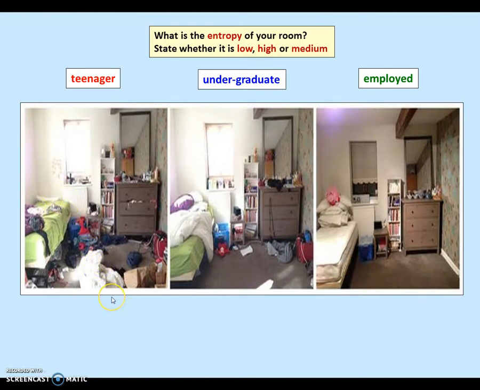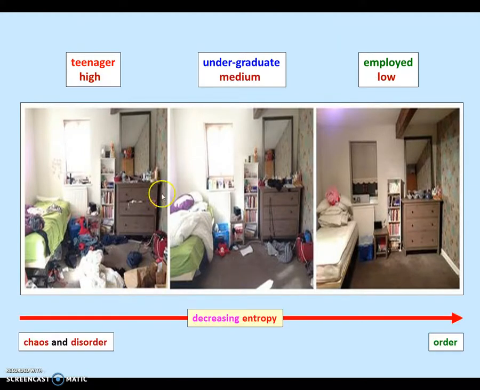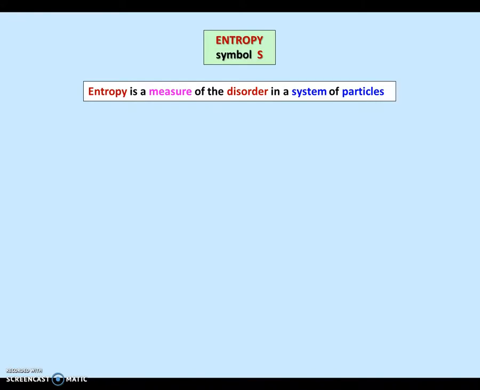So we can relate this idea to entropy by saying we've got high entropy as a teenager, medium entropy as an undergraduate, low entropy when you're employed. People who are in employment have ordered lives, if you believe that. Sorry, there is a short video that you can watch. If you type into Google Brian Cox and entropy, he does a nice little explanation as well.